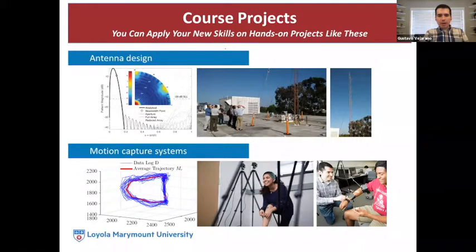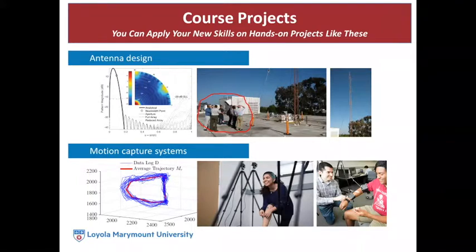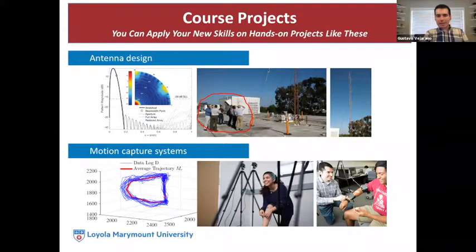We also have a faculty member that does research on radio frequency and antenna design. This project was in collaboration with Aerospace Corporation. RF. Correct, yes. And the tower that you see here is the radio station of our university.